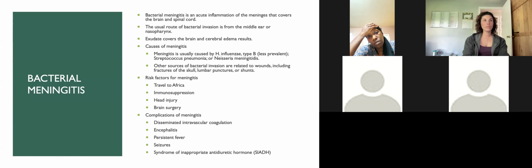Next is bacterial meningitis. So we've got inflammation of the meninges that cover both the brain and the spinal cord. It is typically a bacteria that gets introduced either through the ear or through the nasopharynx. And it puts this nasty goo all over the brain, and that causes our brain to swell.